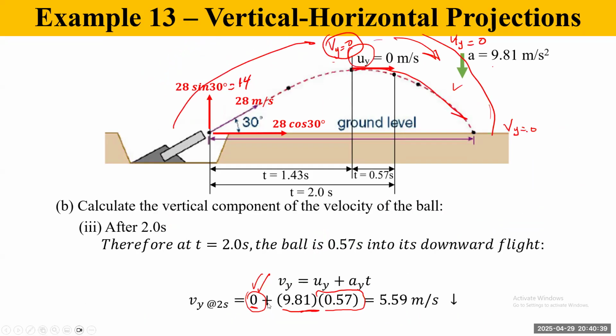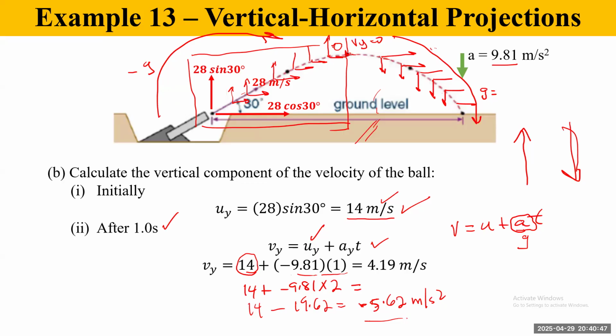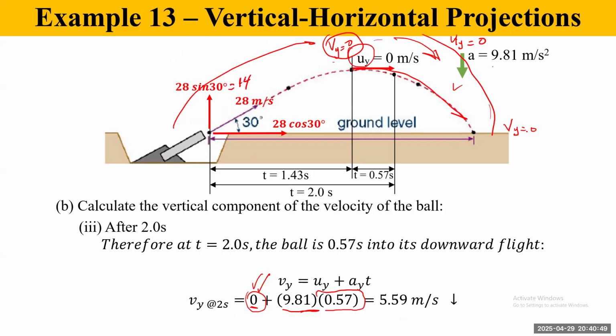Now, they calculate the vertical component of the velocity of the ball, that's part A, the initial velocity. Let me see if I get it. So B is different from down here, so at 2.0 seconds, the ball is 0.57 seconds into the downward motion.